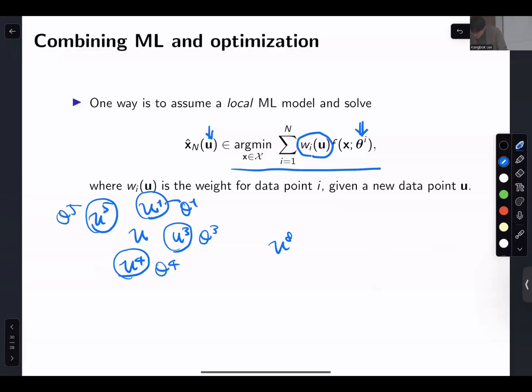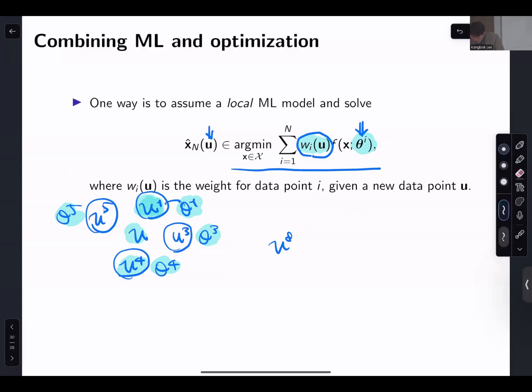What I'm claiming, or what is claimed in this stream of work, is to use these theta values in your optimization when you optimize the expected objective function value. And when you have a sum of these objective values across different theta values, maybe U1 is more similar to a new context U than U4 is, then you assign higher weight for U1, which means W1 is going to be higher than W4, something like this.